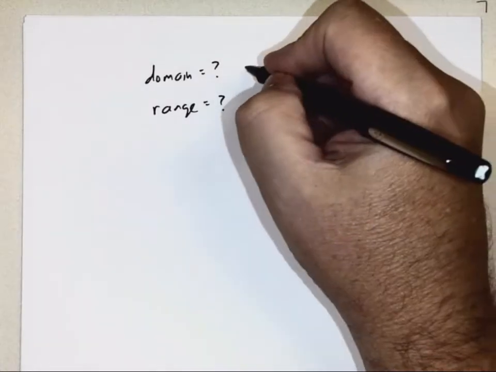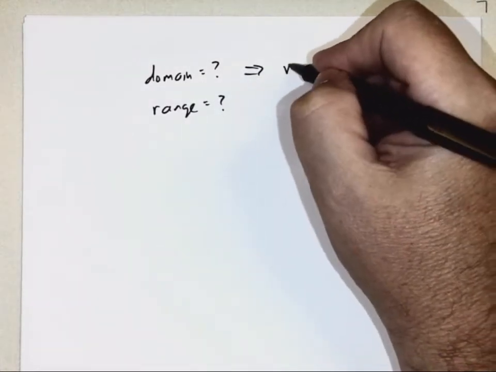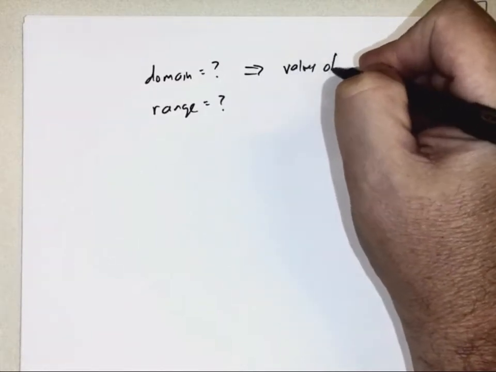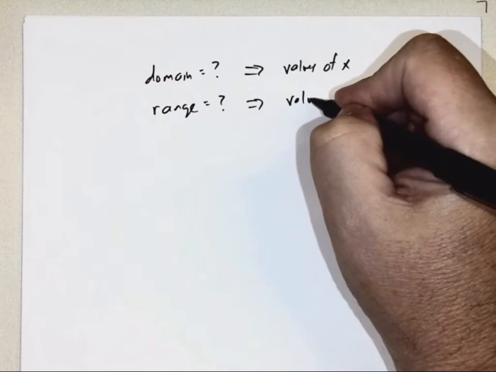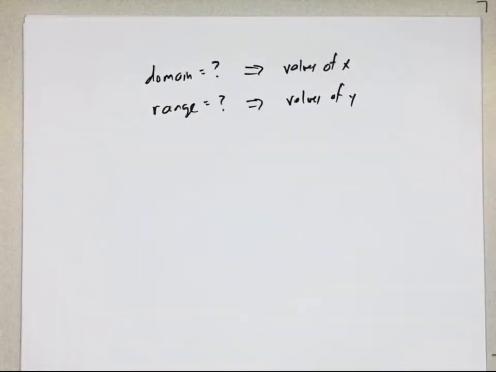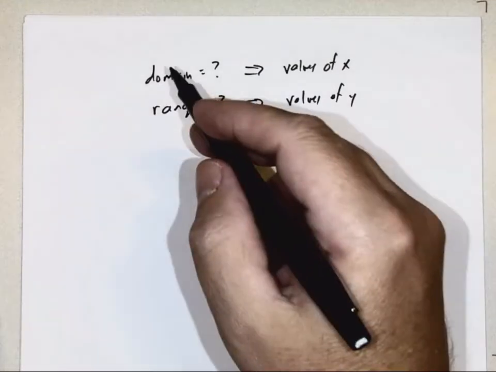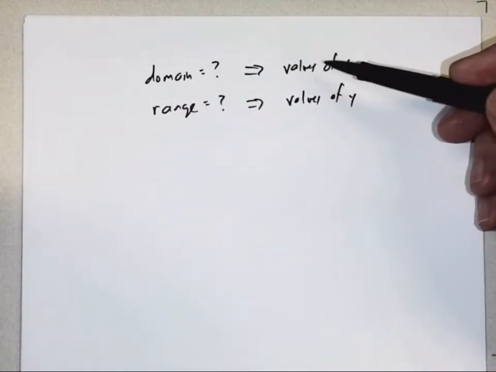Now, domain and range for a graph is pretty simple. If you recall from algebra, the domain has to do with the values of x. The range has to do with values of y. So in a graph, it's very simple.